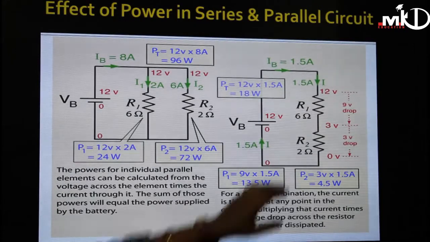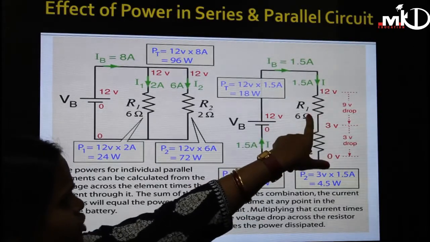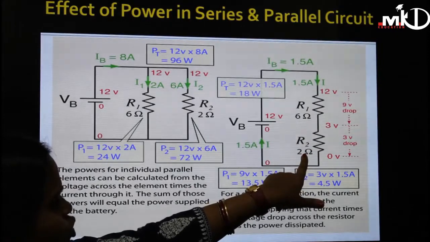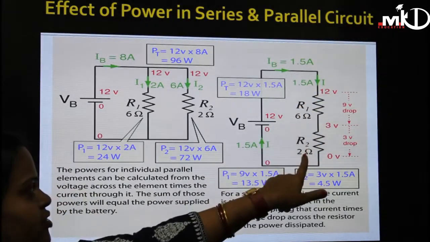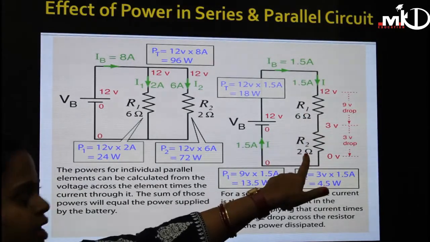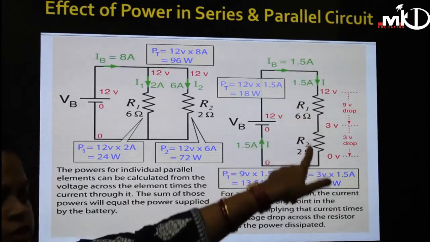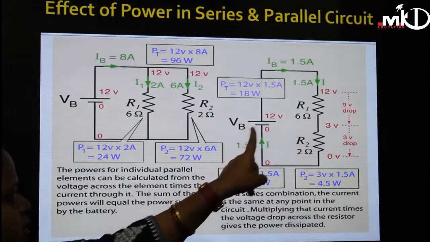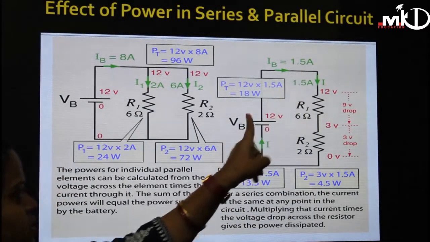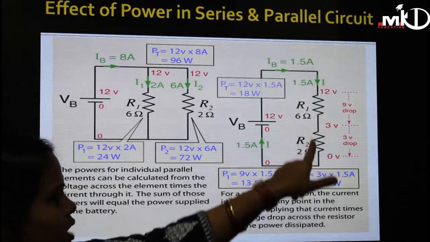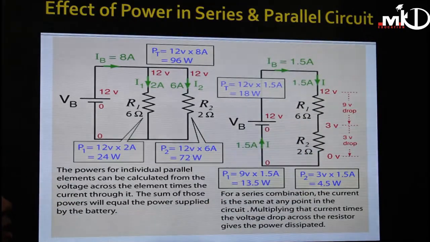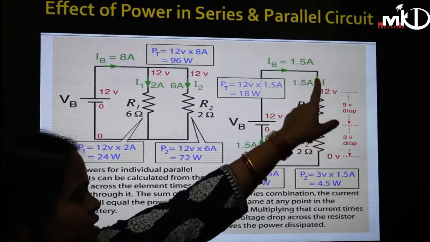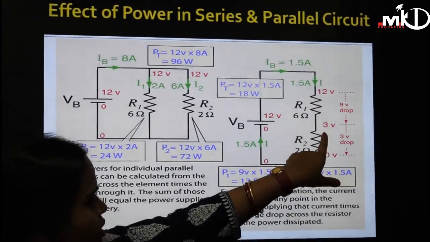Here R1 is 6 ohm and R2 is 2 ohm. I can find out I, because it is a series circuit, so total resistance is R1 plus R2, 6 plus 2, that is 8, and total circuit current must be V by R1 plus R2, or R equivalent, that is 1.5 ampere here.